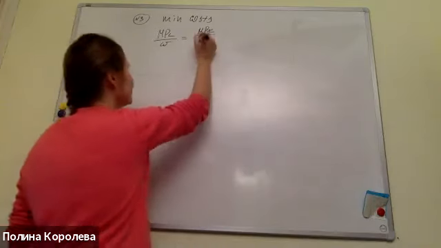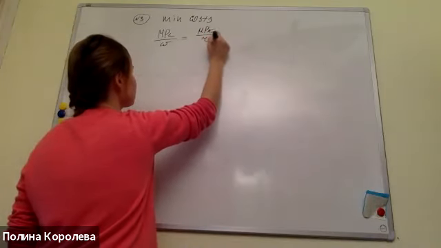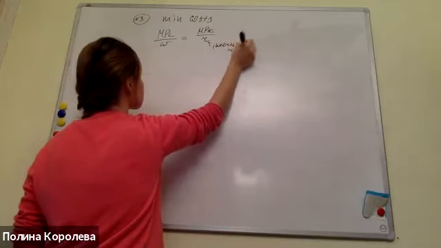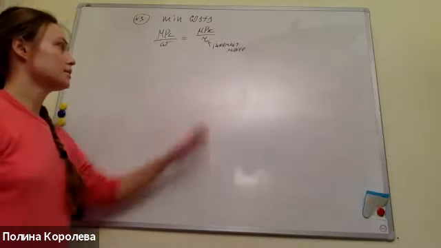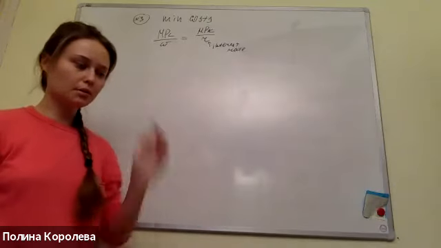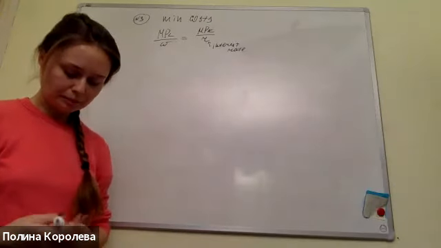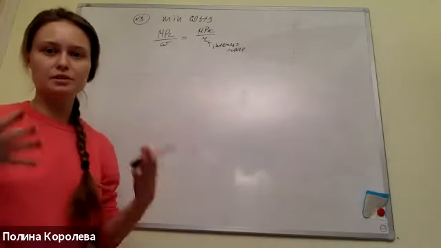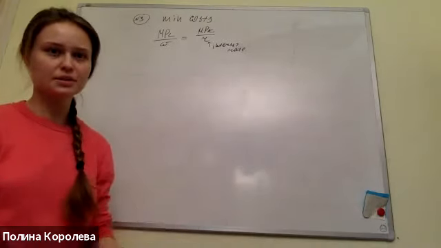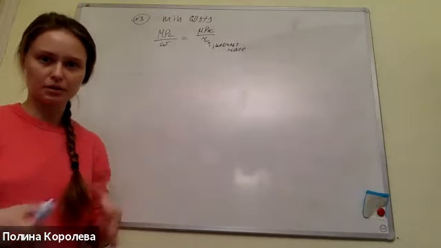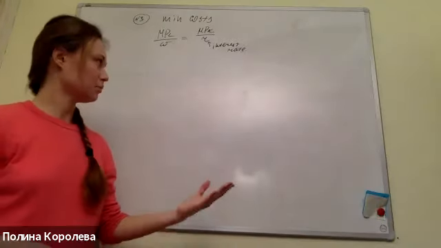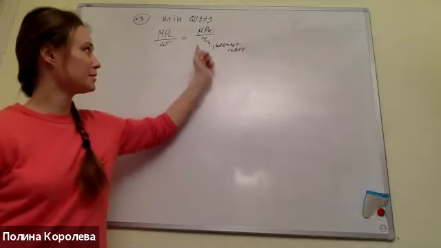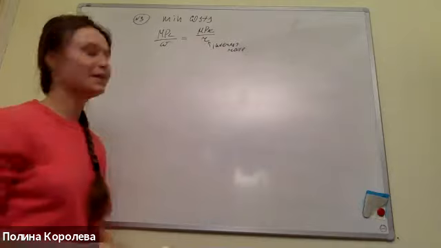Why is it the price of capital? Because we always rent something. We rent machines, we rent apartments, offices, or something like that, buildings and machines. That is capital. So the interest rate is the price of capital.